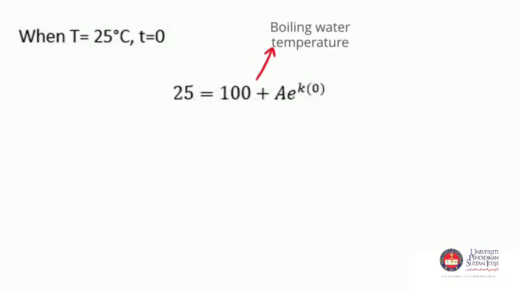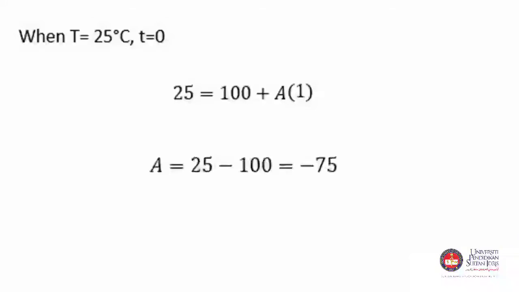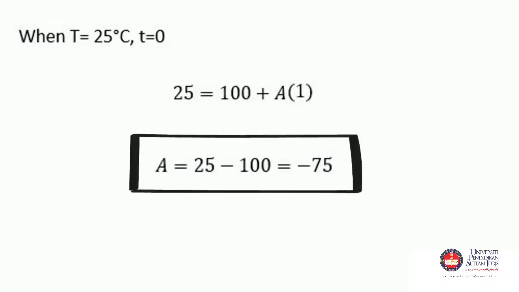Since the metal bar is immersed in boiling water, the surrounding temperature in this case is 100 degrees Celsius. e to the power of k times 0 is equal to 1. And we move 100 to the left hand side and we get A equal to negative 75.